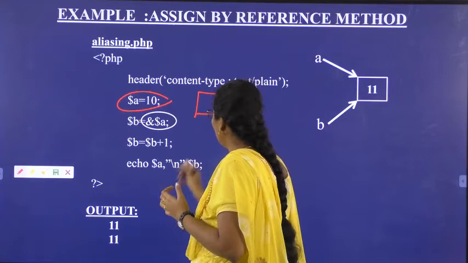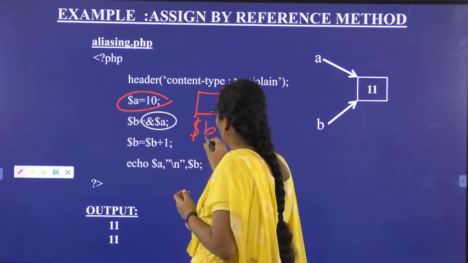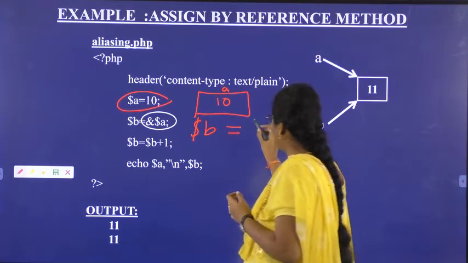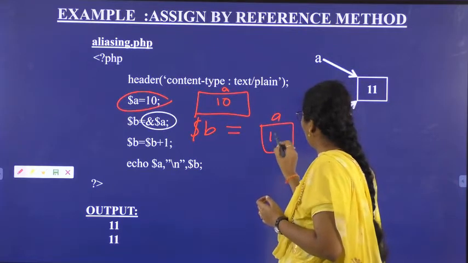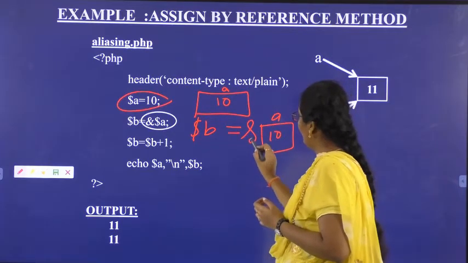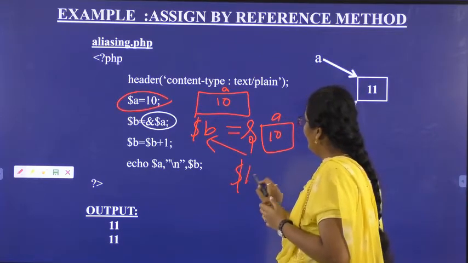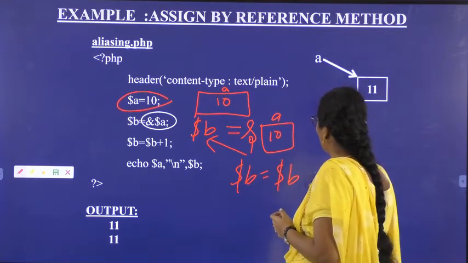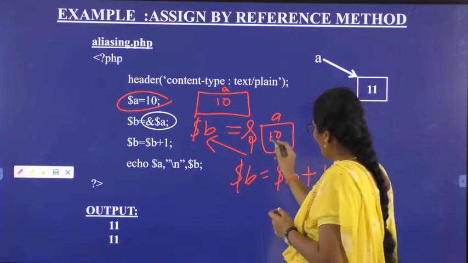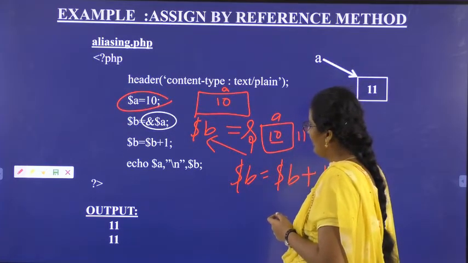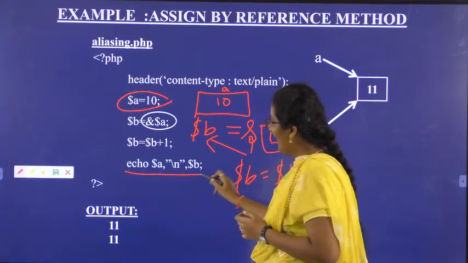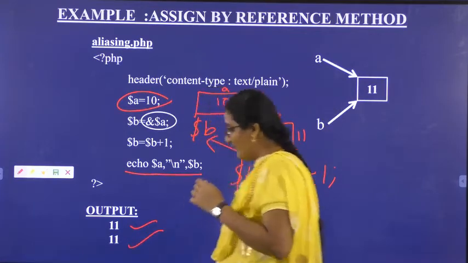Then I created a variable B and I stored A in variable B. Then I increased the variable B by 1. Then 11 will be stored here. While printing A and B, I will get both the values as 11 only.